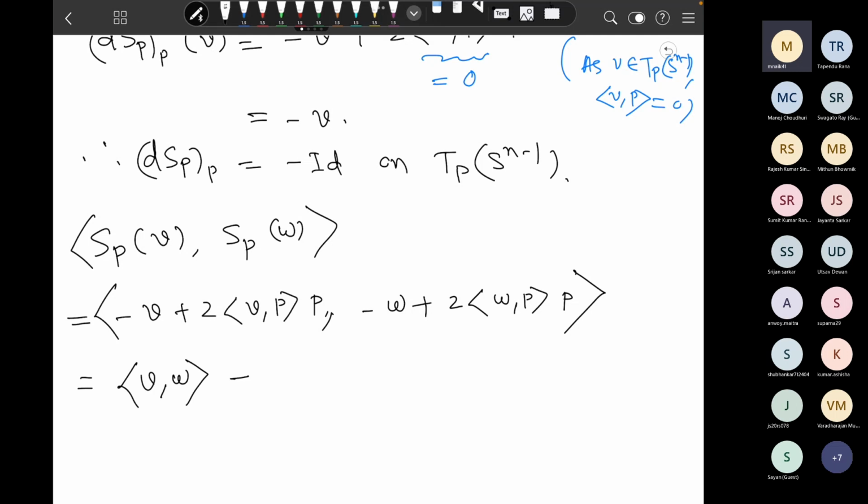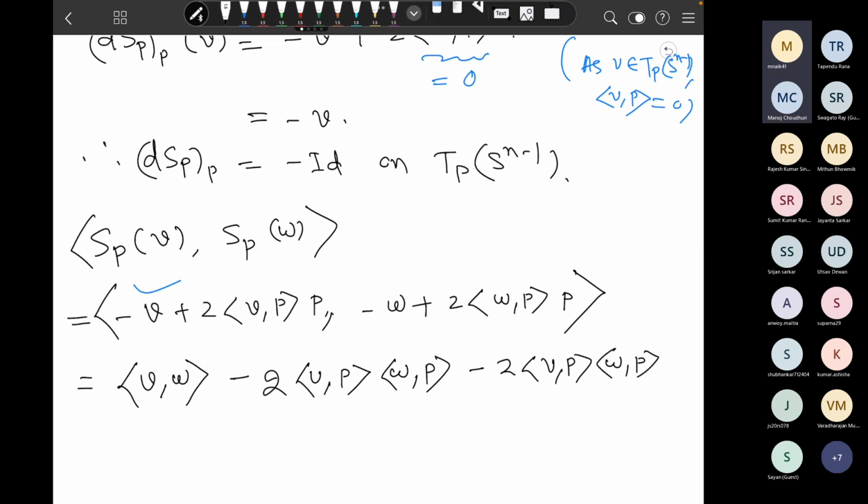So I am doing this first. I am taking <v,w> minus 2<v,p><w,p>, and minus again 2<v,p><w,p>.